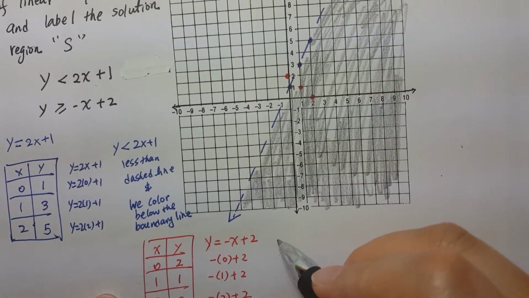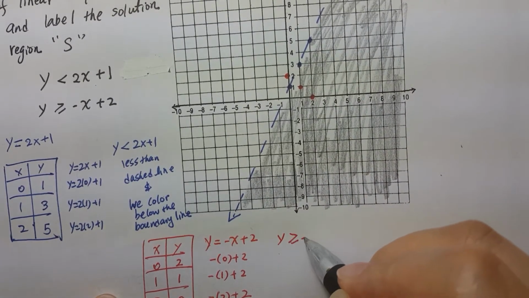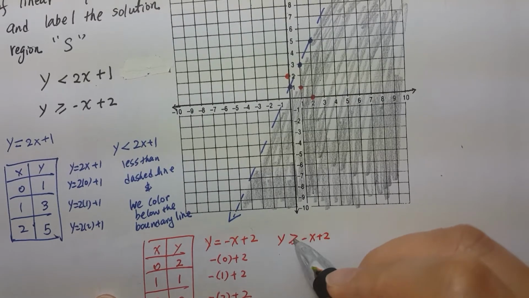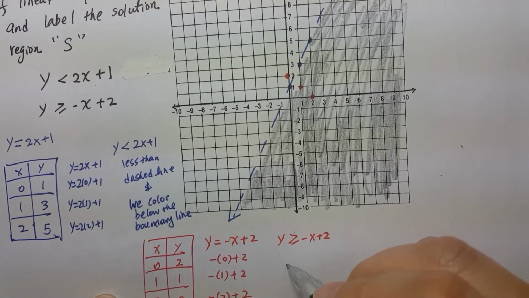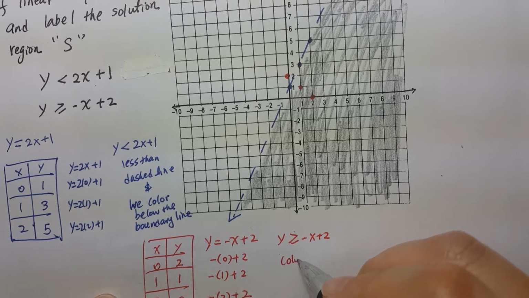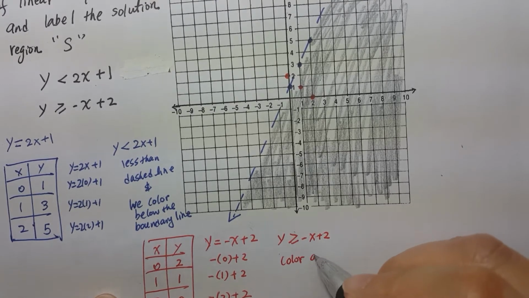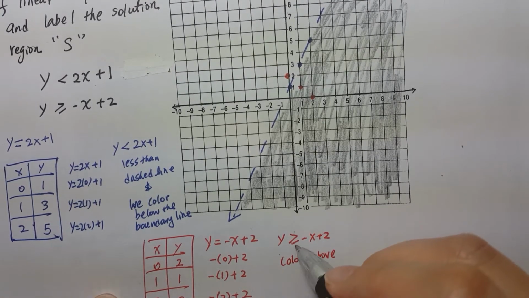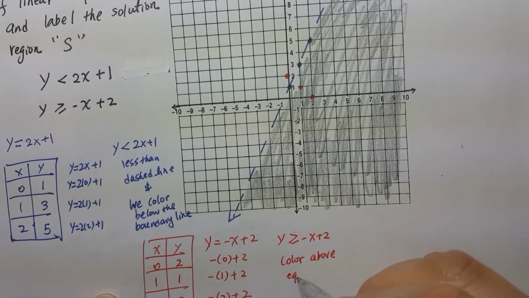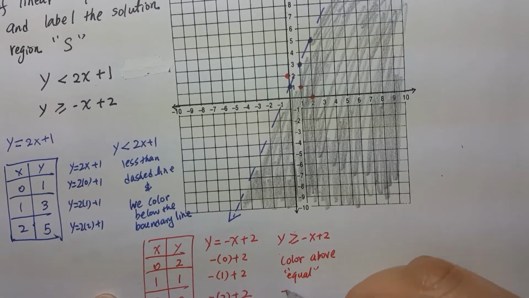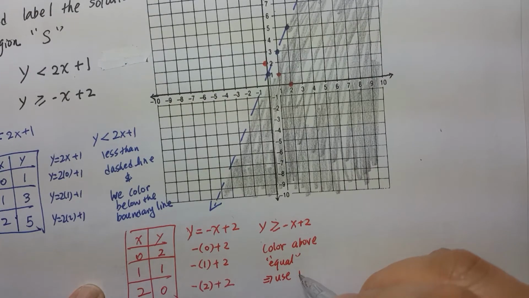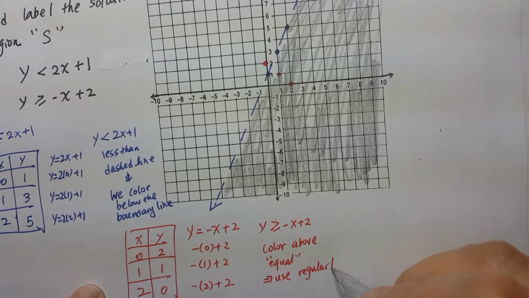And because it is y is greater than or equal to negative x plus 2, because it's greater than, therefore we are going to color above, and because of the equal sign, we are going to use a regular line.